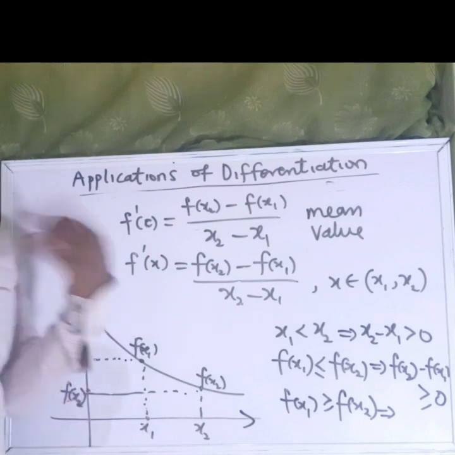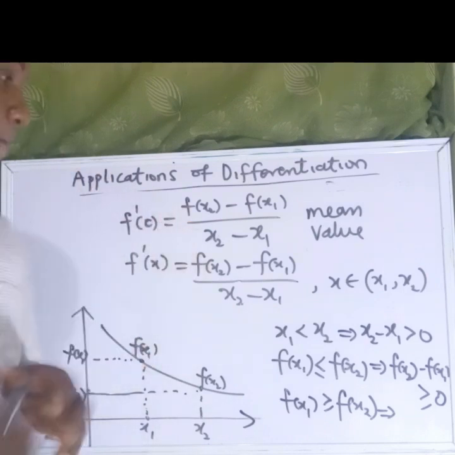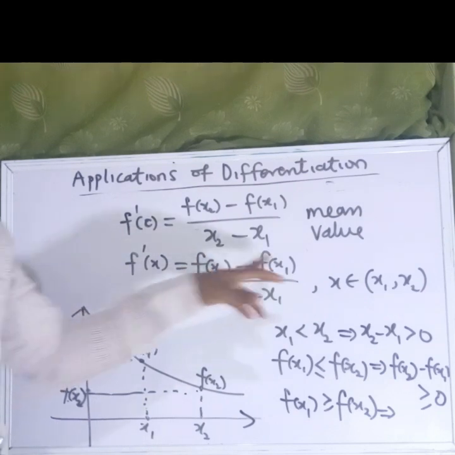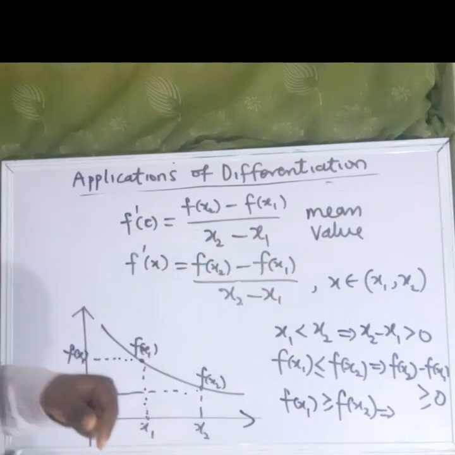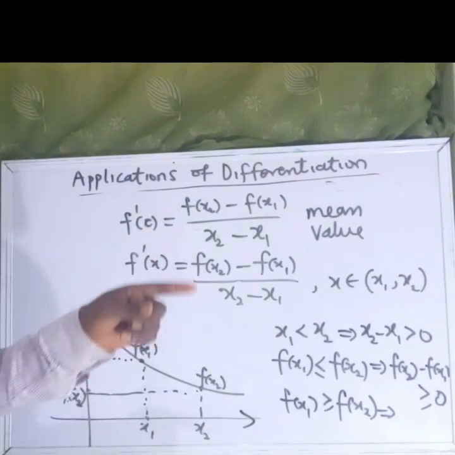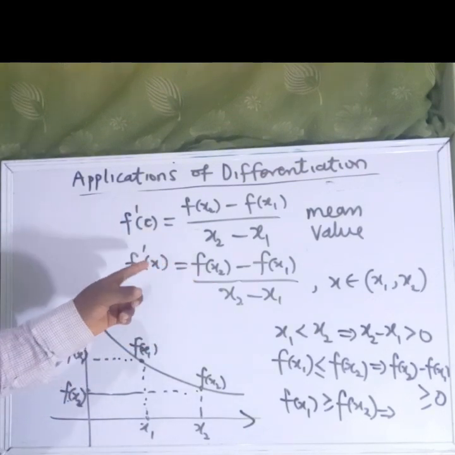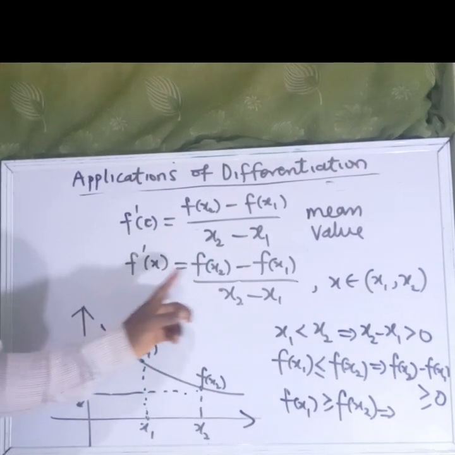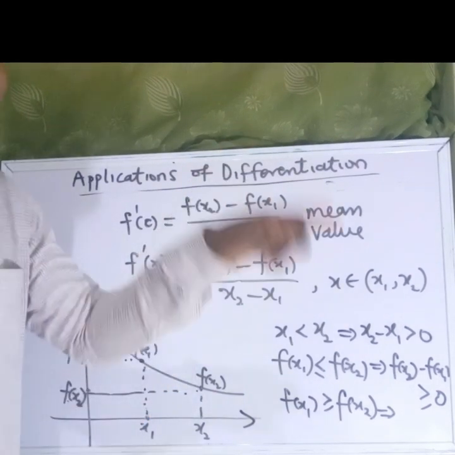So two things to note here. If f of x2 is more than f of x1, what it means is that the slope is positive, and if the slope is positive, the function f of x is increasing.